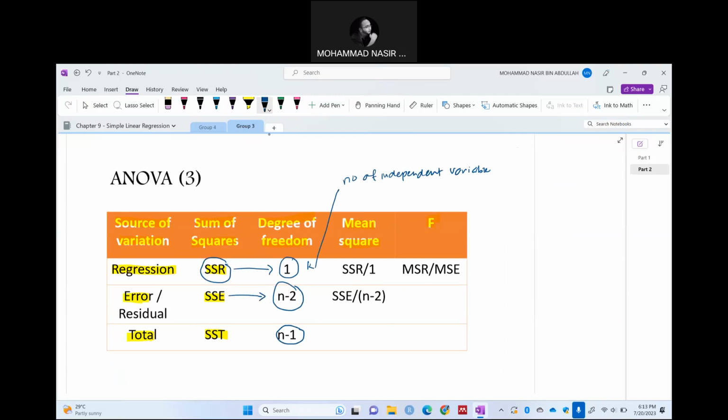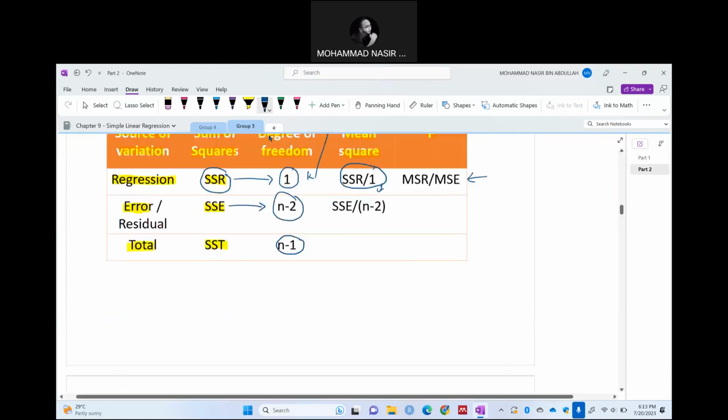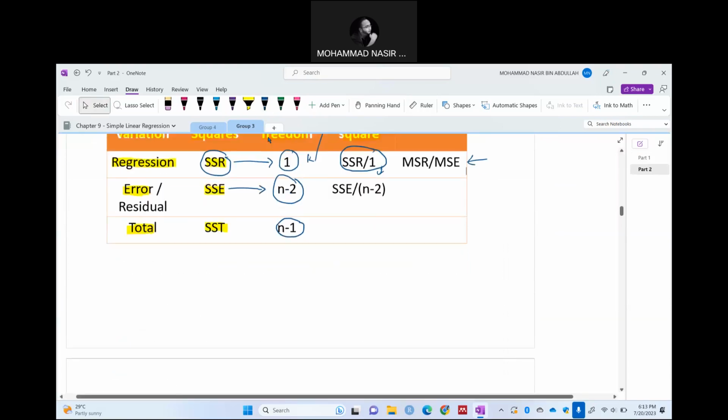To get the F value, mean square regression divided by mean square error. So that is the formula in the table. We're going to use this value to find the model fitness of the regression model. Is this one okay?